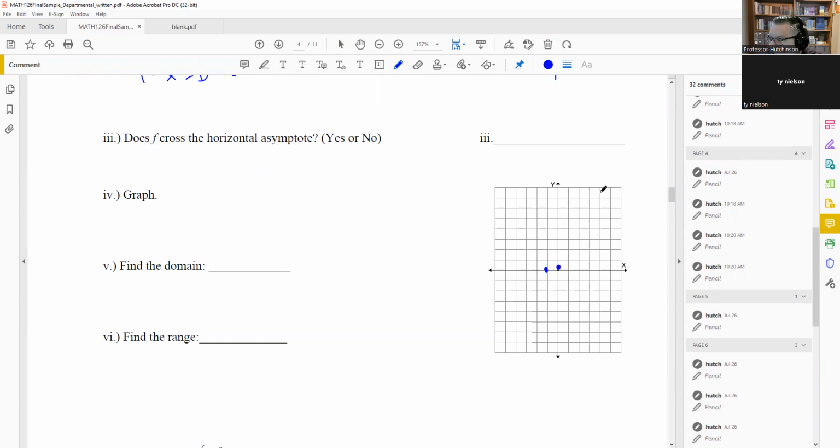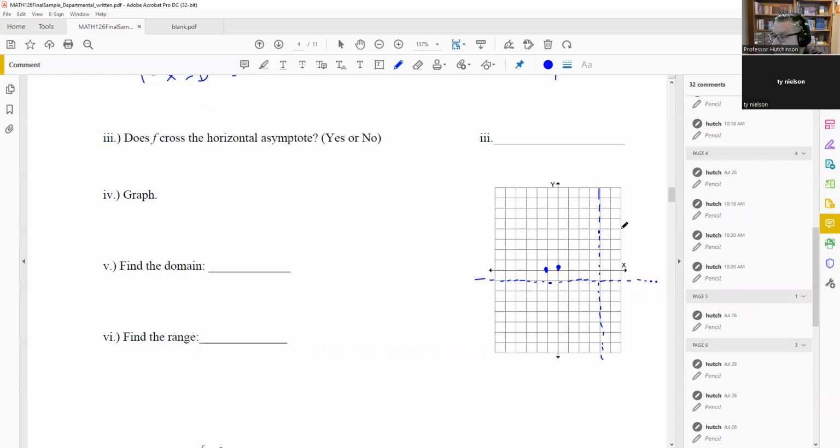We have a vertical asymptote at x equals 4 and a horizontal asymptote at y equals -1. There's only 1 vertical asymptote here, which means we don't have a middle section to worry about. So now we just have to see if the line is above or below the dotted line.